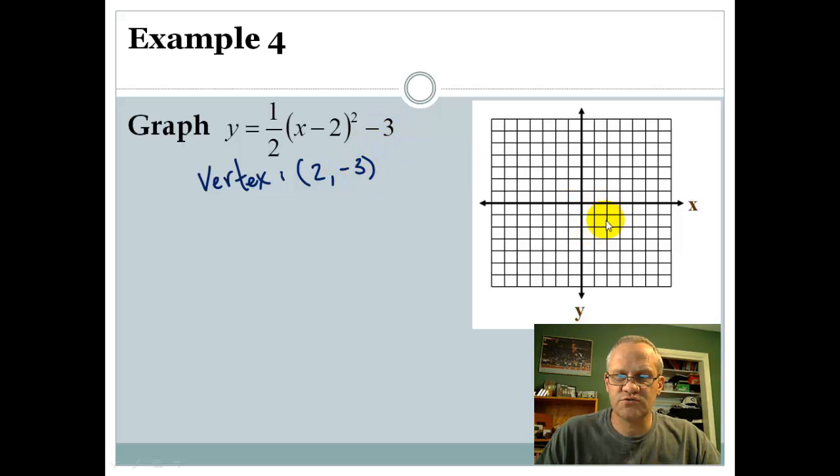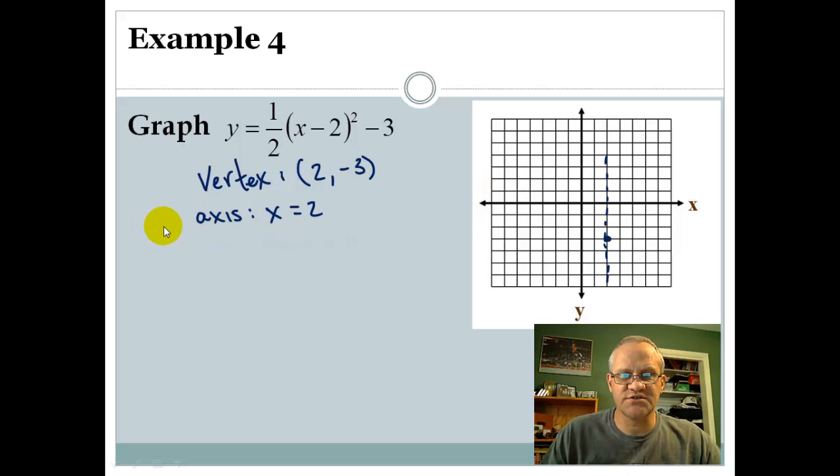So we can go to 2, -3, and plot a point. There's your vertex. And remember, as a side note, the axis of symmetry is x equals whatever number h is, which is 2. So x equals 2 is our axis of symmetry here. So that's good to know.